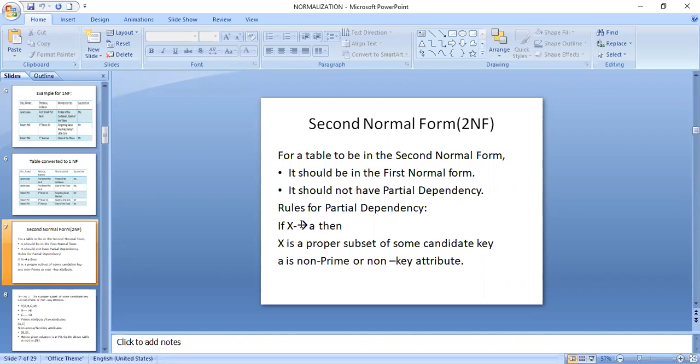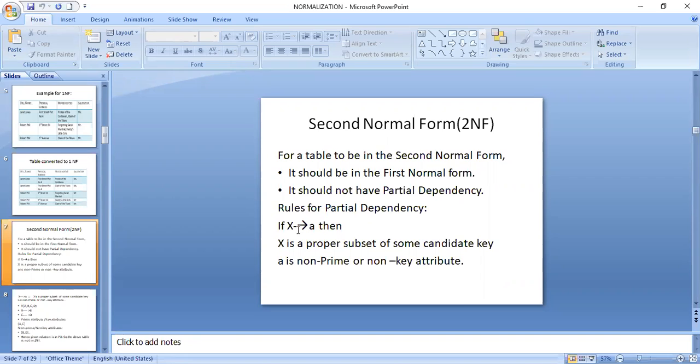This X can consist of multiple attributes, whereas A is a single attribute. If there are multiple attributes on the right hand side, then by using the decomposition rule, we can convert it into different FDs, functional dependencies. So instead of doing all that, we define a rule for partial dependency like this.